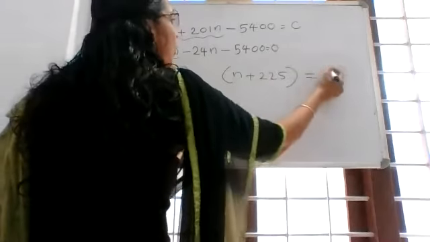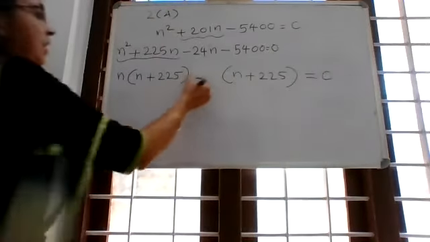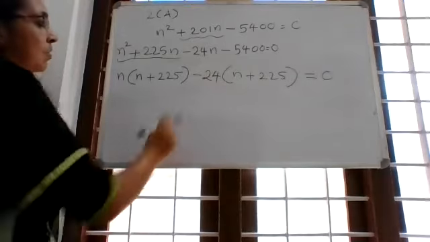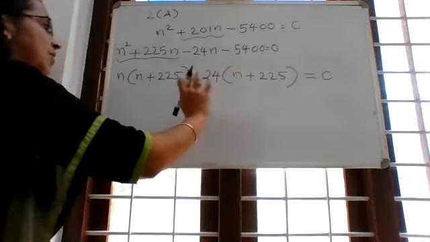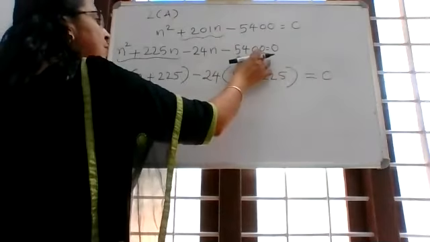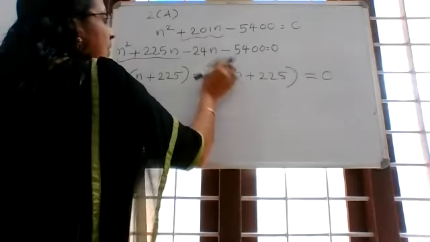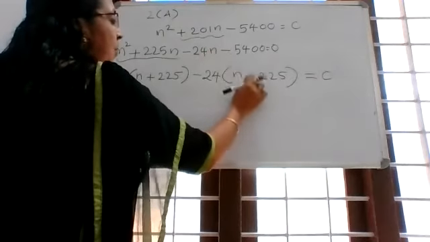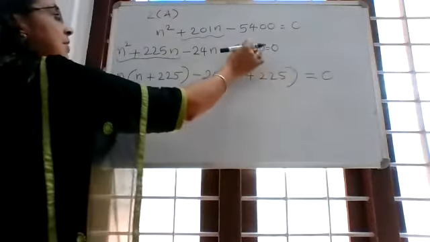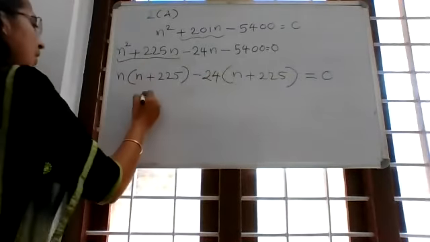Negative 24 common, so negative 24n. Don't think about this multiplication, 24 into 225, automatically it will be 5400 itself. Negative into positive is negative. 24 into 225 is 5400, we have the factorization there.